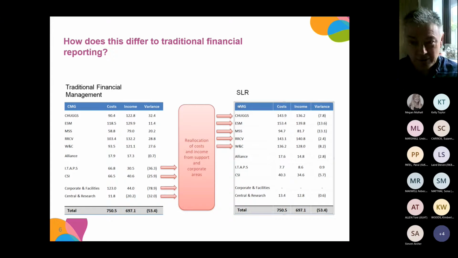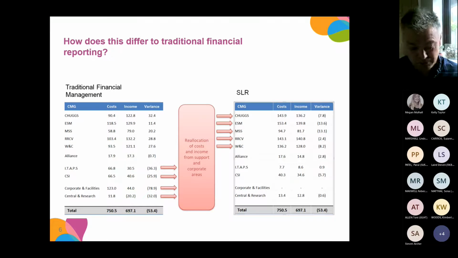And then within SLR, you'll have the same divisions, but what happens is all of the indirect costs, so your support services and certainly all of your overhead costs, as you can see, corporate facilities on the right-hand side, they get absorbed into the areas that are actually providing patient care.